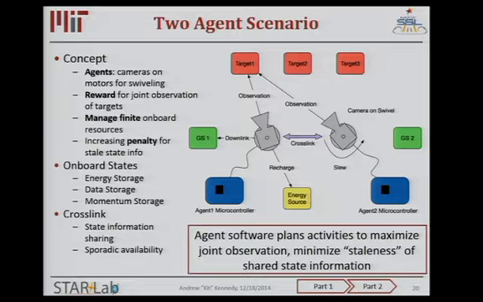So I'm designing agent software that goes on both of these 2 microcontrollers controlling these web cameras, so that it can maximize the amount of joint observation of targets while minimizing the staleness of shared state information between these 2 agents.